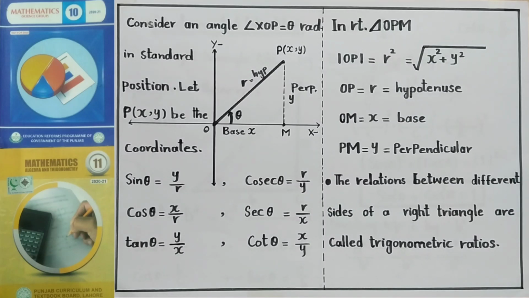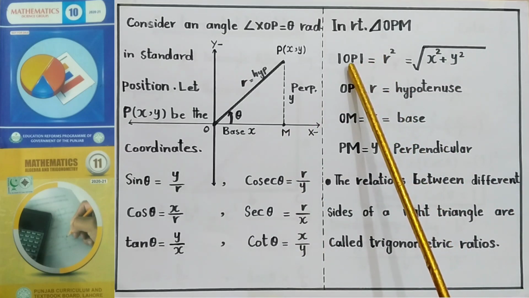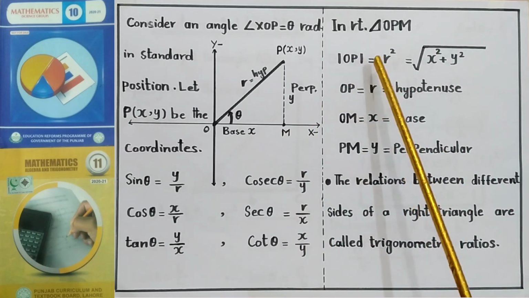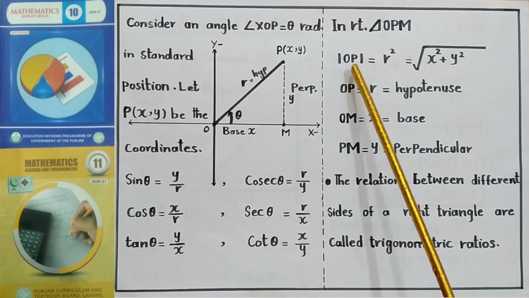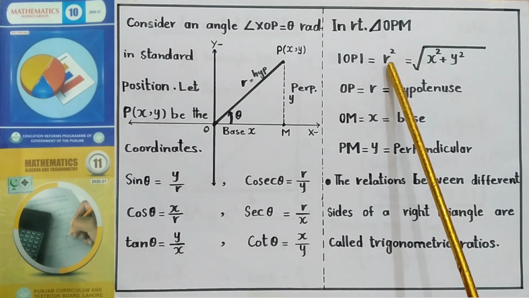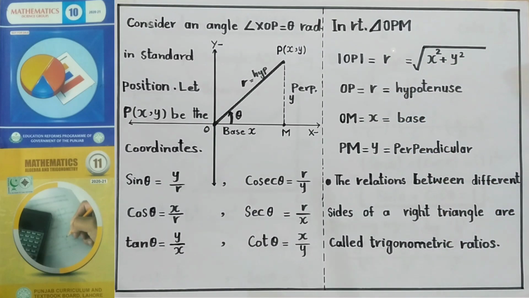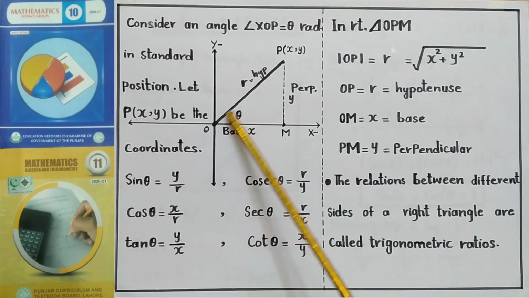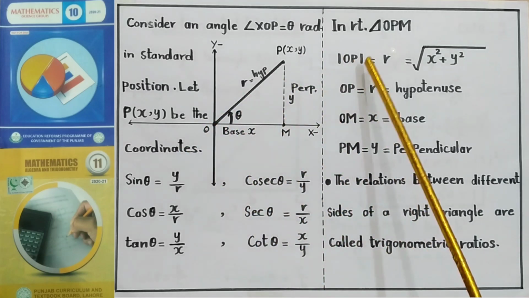Now, we explain some other terms for the right angle triangle. The other very important term is the Pythagoras theorem. In the right angle triangle, OP, meaning the distance of OP, can also be calculated by the distance formula. That is r, not r square, r. In a right angle triangle, OP is the distance from the origin.